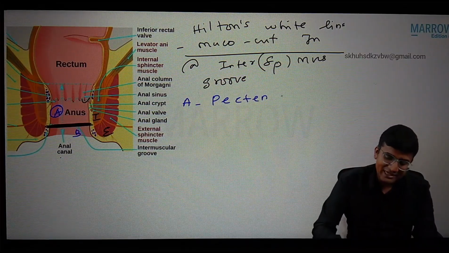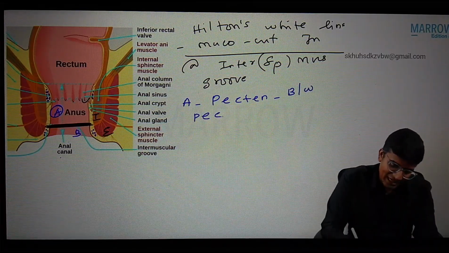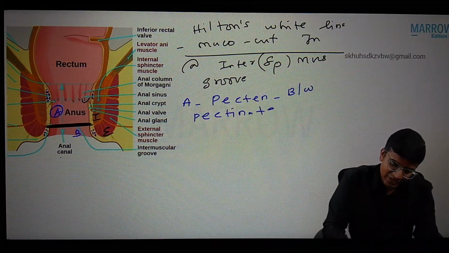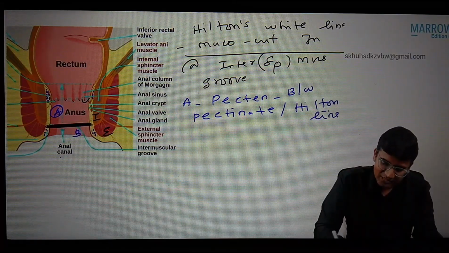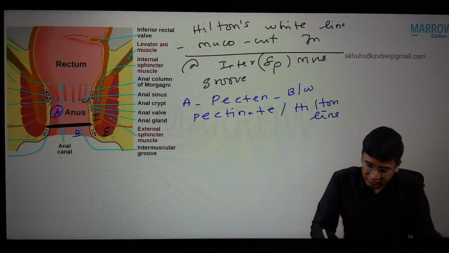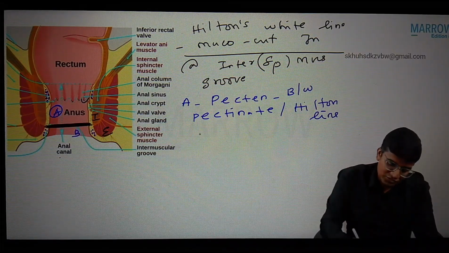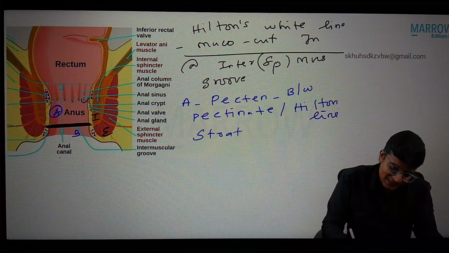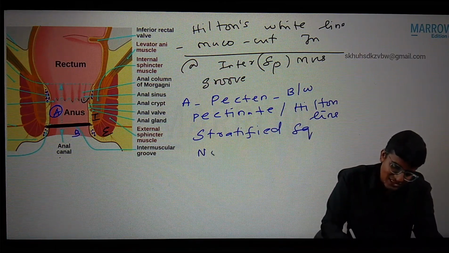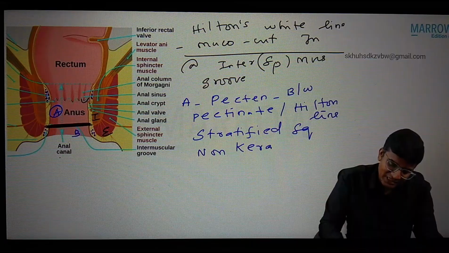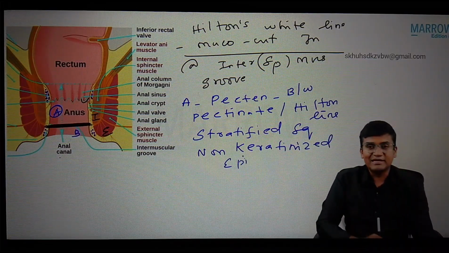The epithelium changes from simple columnar to stratified squamous non-keratinized epithelium in the pecten area.